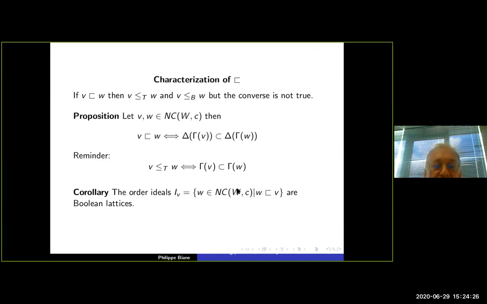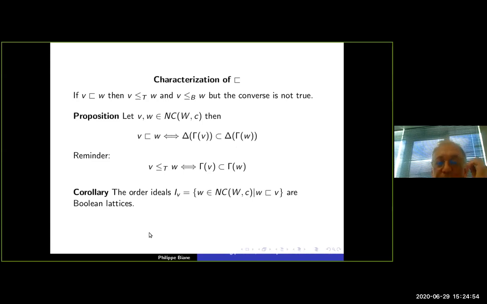But for the square order, we ask a stronger relation, that the simple generators of gamma of V are included inside the simple generators of gamma of W, which is not implied by this.